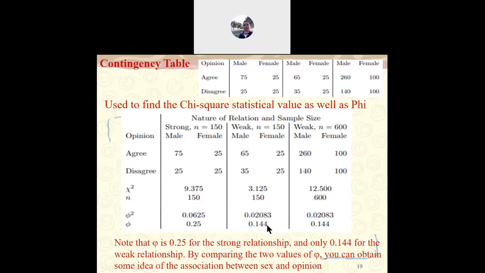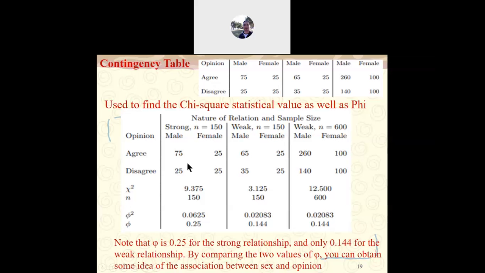So in this case, the association is weaker than this one, right? Similar in this case also. So the strength of the association is given by phi. Phi is equal to what? The chi-square statistic divided by the sample size. The sample size, you count all of these numbers, right?